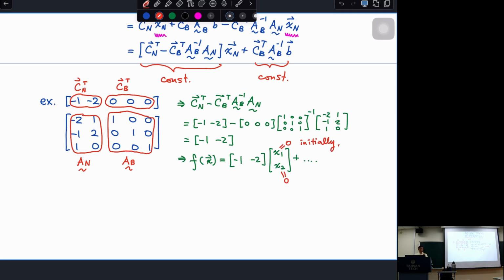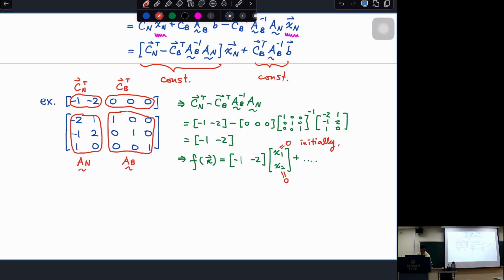So if I try to add some value to x1 or x2, which one do I add value? I would like to add value to x2 because x2 has a coefficient of -2, which will reduce the objective function value more. Okay?